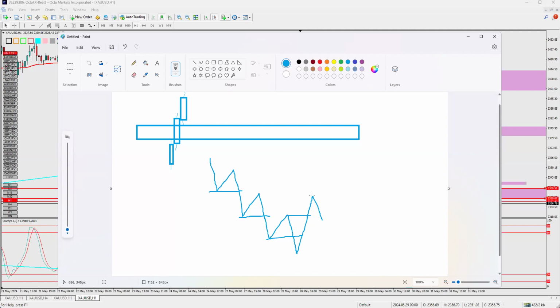That's what we call change of character. But this one we call break of structure. So that's the difference: break of structure, break of structure, break of structure, change of character. I think I've answered your question.